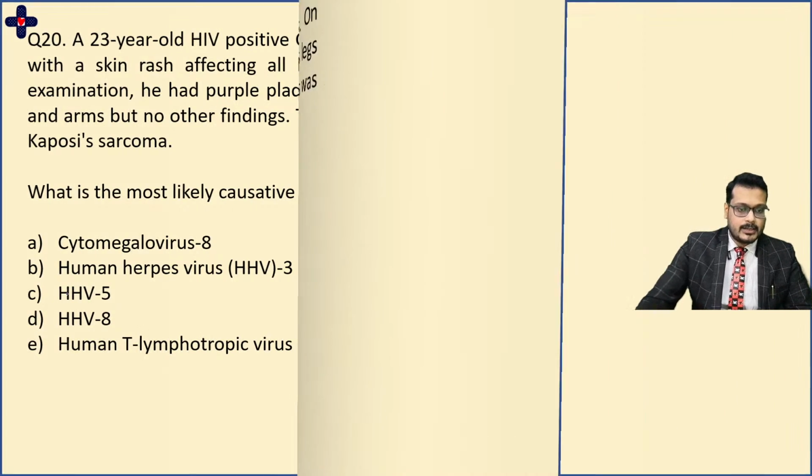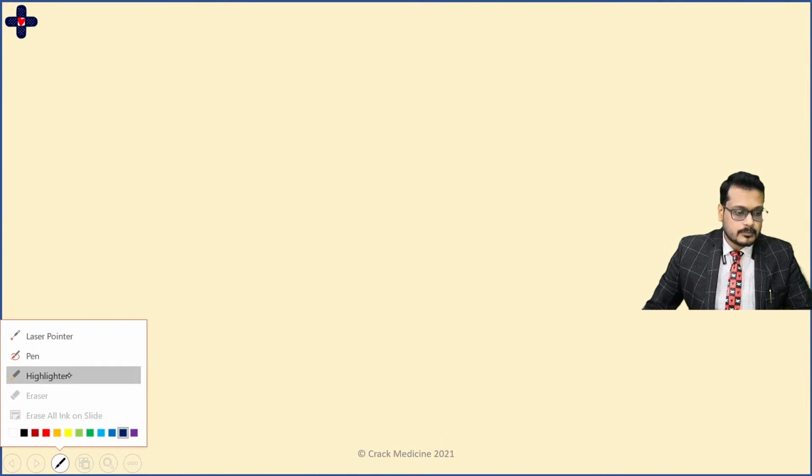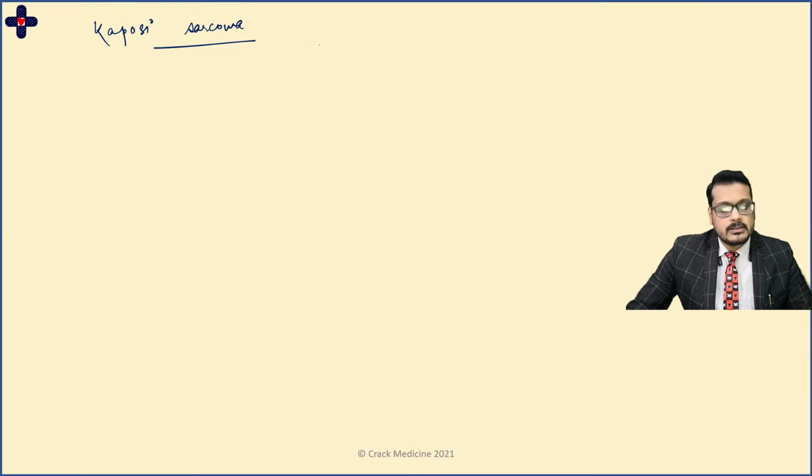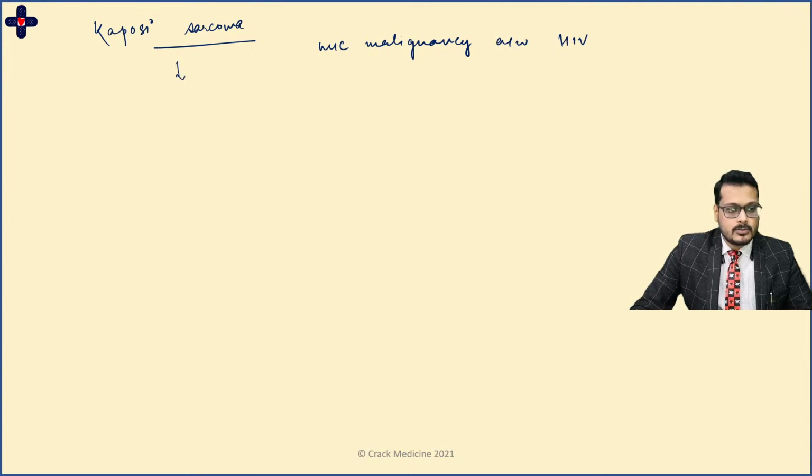This is HHV8. So, while on the topic of Kaposi sarcoma, this is basically a sort of AIDS defining illness. Okay, so this is the most common malignancy associated with HIV, and this is also associated with HHV8.